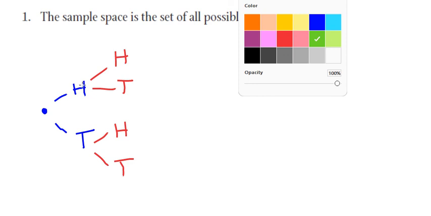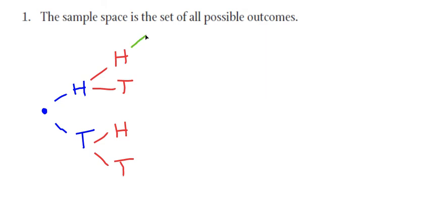I could flip the first coin and it's heads, flip the second coin and it's heads, and that third coin could be heads again. Or I could flip 2 heads and then a tails. Or I could flip a heads, then a tails, and my third could be a heads or a tails. Then again, I could have started with a tails, then a heads, and then another heads, or a tails, a heads, and then another tails.